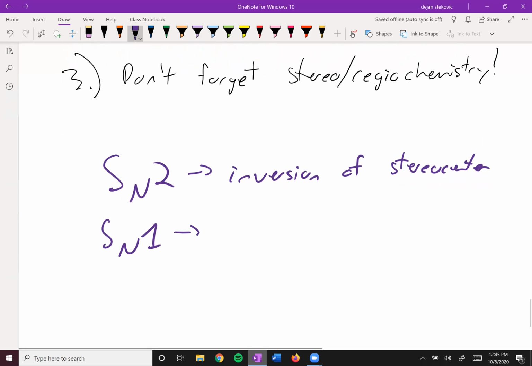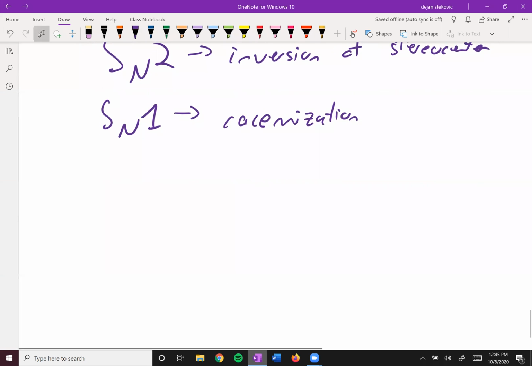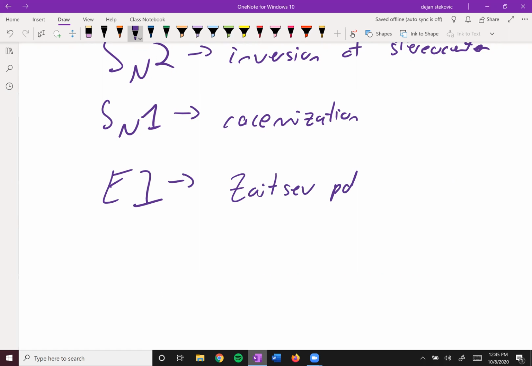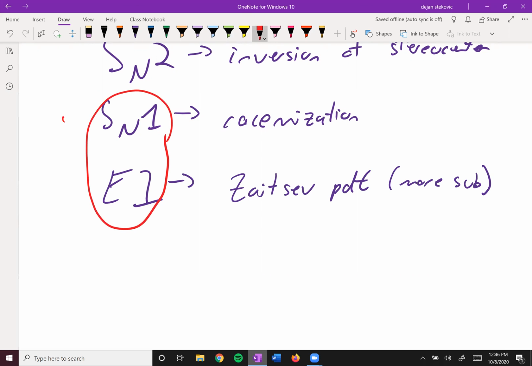SN1 pathways racemize the substrate due to the carbocation intermediate. The E1 pathway will always give you the Zaitsev product, which is the more substituted one. And don't forget these SN1 and E1 pathways can also undergo rearrangement.